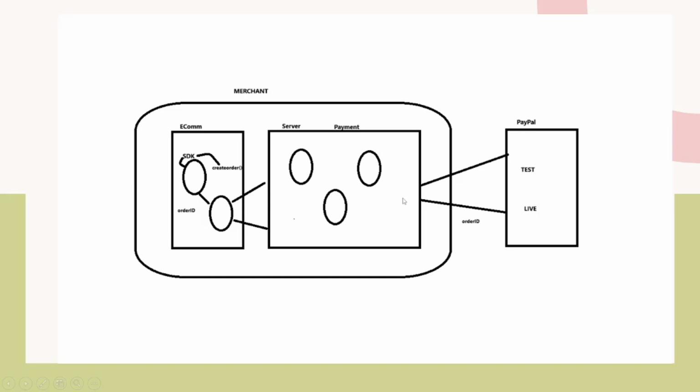Then the order ID goes to PayPal, through which we can know whether our process has worked or not. If it is an error, it goes back and sends a message to the payment layer, which interacts with e-commerce, where in the interaction phase we can see whether the process worked or not.